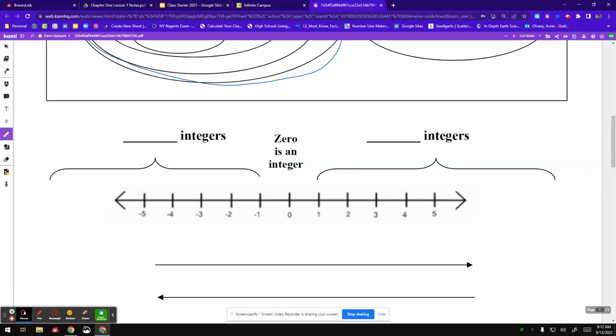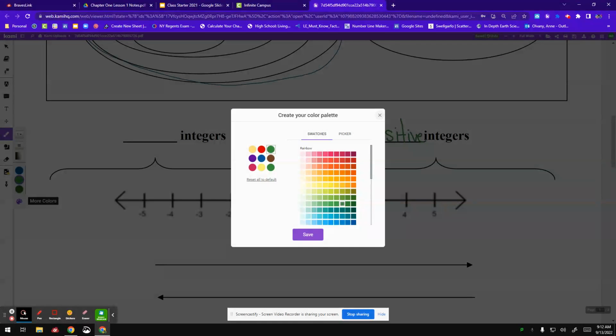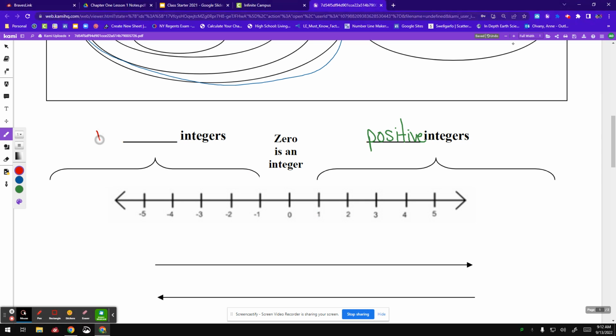It's a whole number, and whole numbers are part of the integers. All of these numbers are positive to the right. Positive integers go to the right of 0. Let's get out a nice red color. And negative integers go to the left of 0.